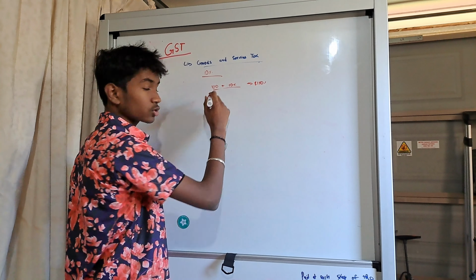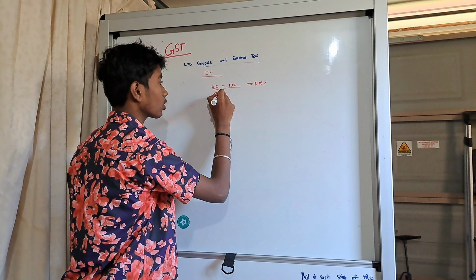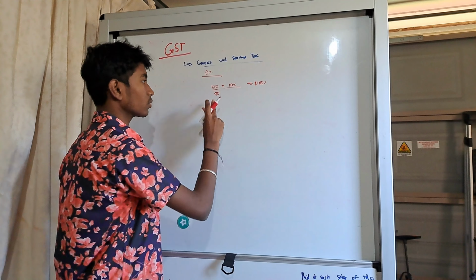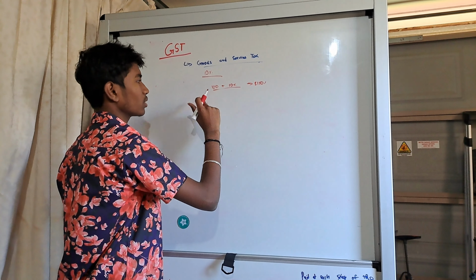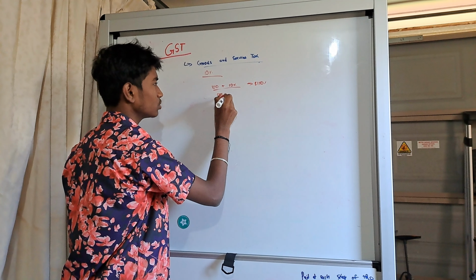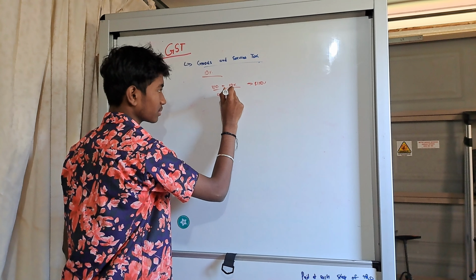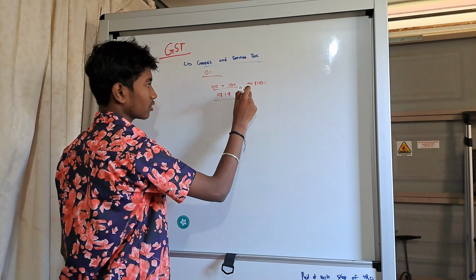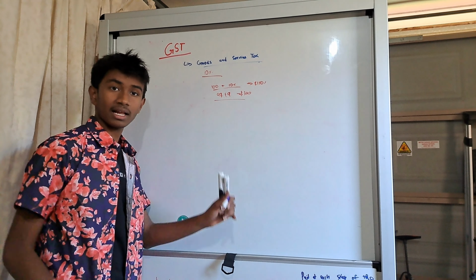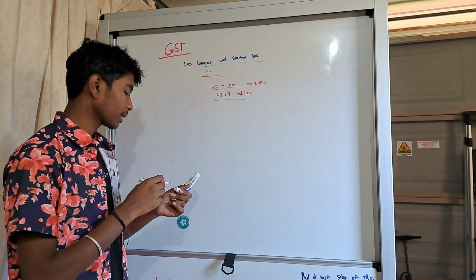Or the actual value of the shoe could be $90, and a GST of 10% is $9, and you might end up paying $100. That calculation's wrong, but you get the idea.